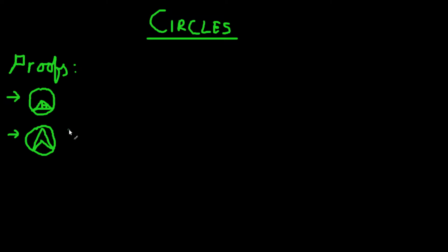And then there was the very, very easy one, which was to prove that the opposite angles of a cyclic quadrilateral are supplementary. As far as I remember, it's a two-step derivation. That's very easy, and I think it's come once or twice before, so you should still do it.